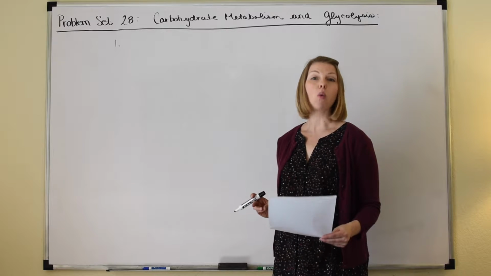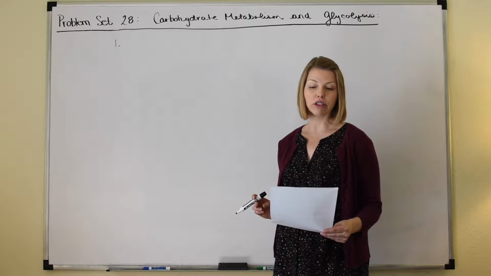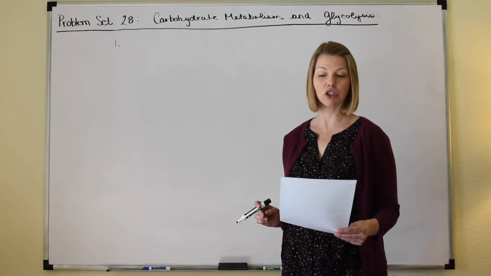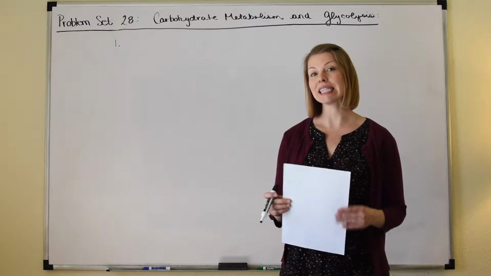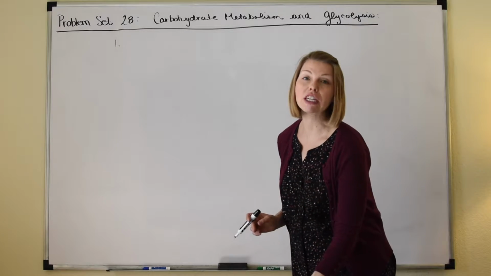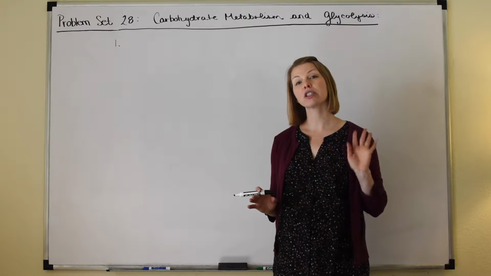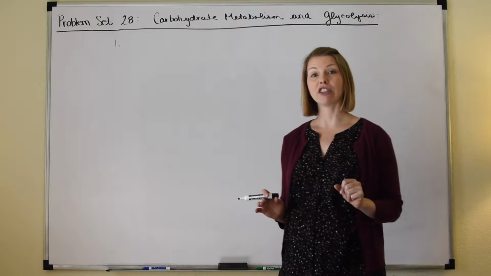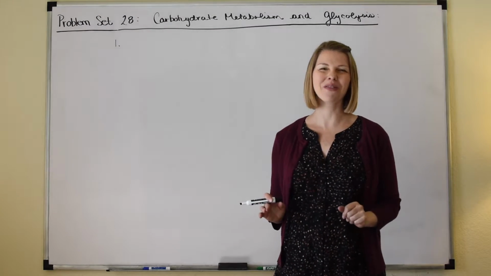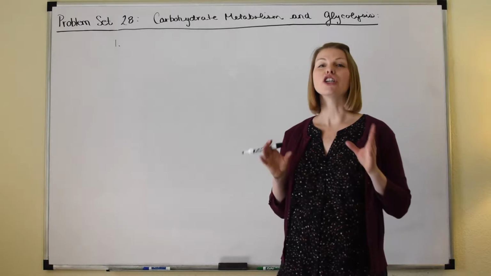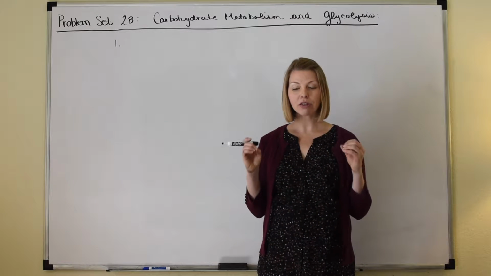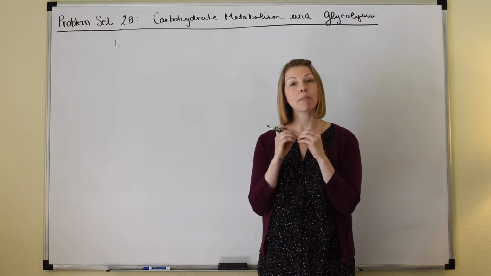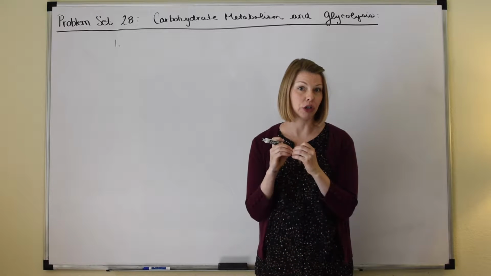Number one, what monosaccharides result from the hydrolysis of lactose by the lactase enzyme? So this problem really goes back to when we first started talking about carbohydrates. That was quite a few tutorials ago. But hopefully you remember the two monosaccharides that make up the disaccharide lactose.